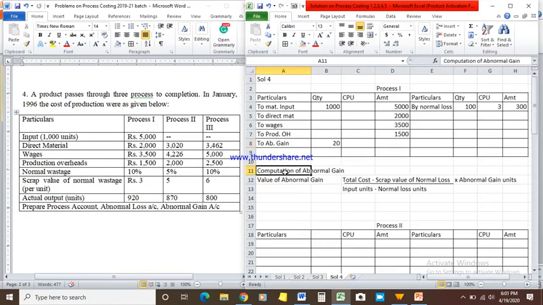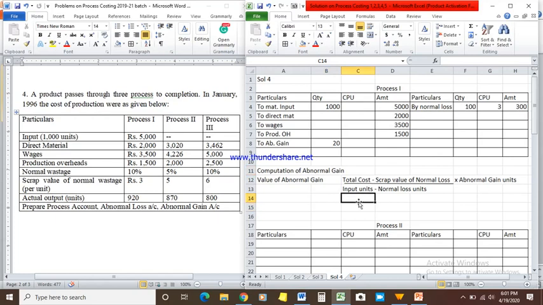We should go with the working note: computation of abnormal gain. The value of abnormal gain is equal to total cost minus scrap value of normal loss, divided by input units minus normal loss units, multiplied by abnormal gain units.